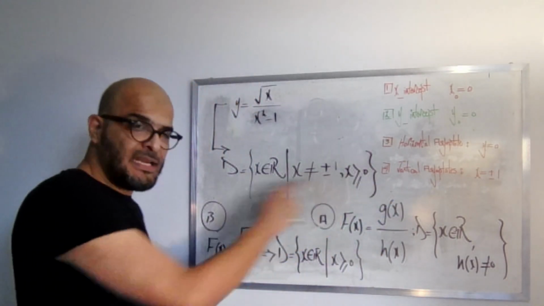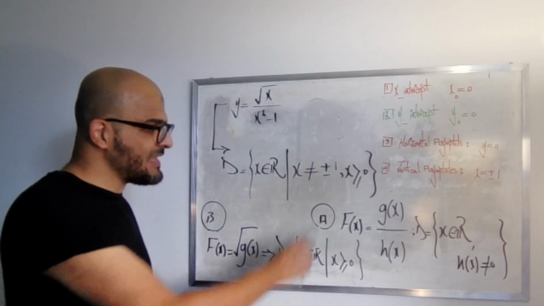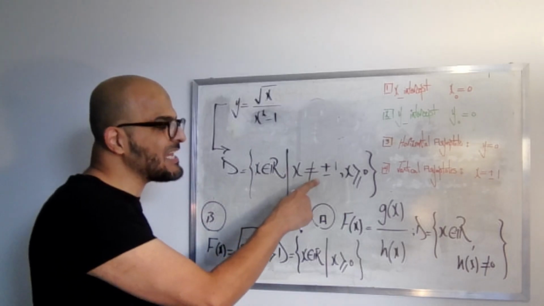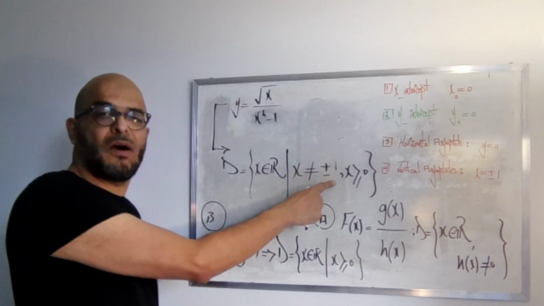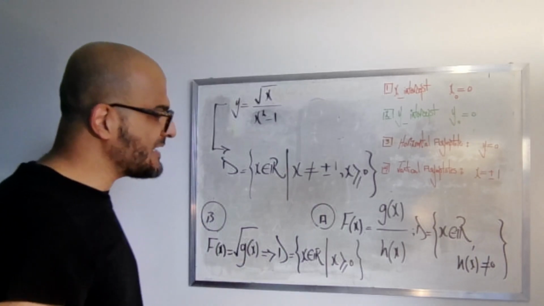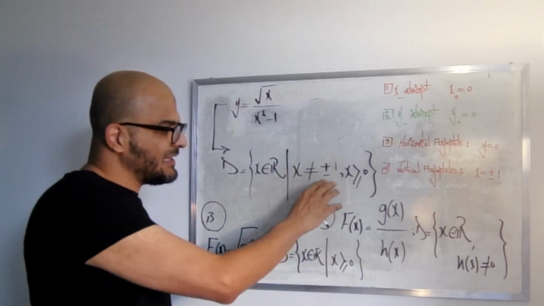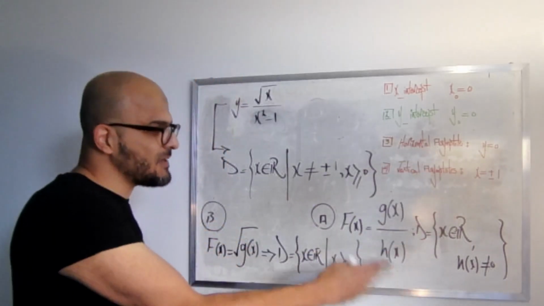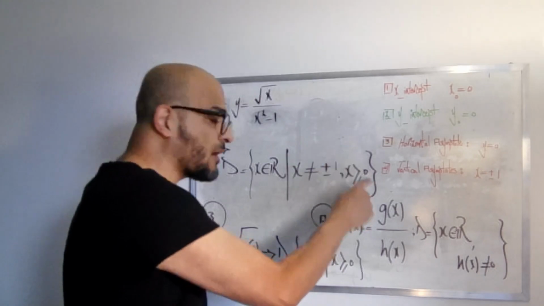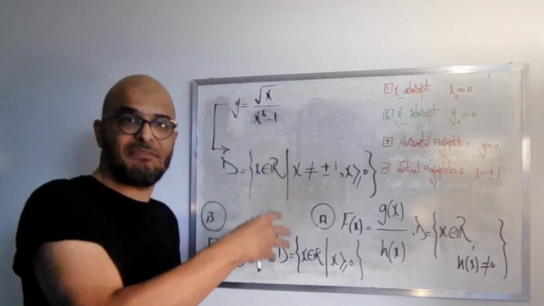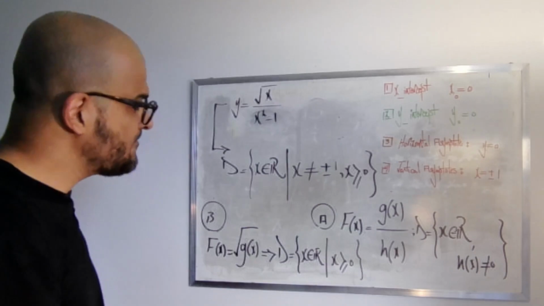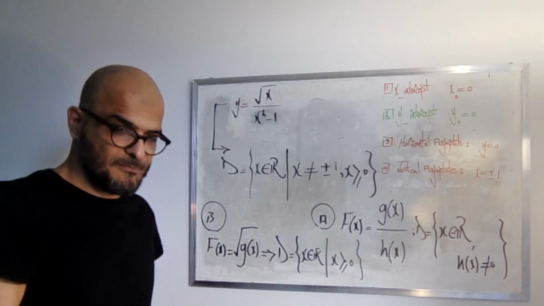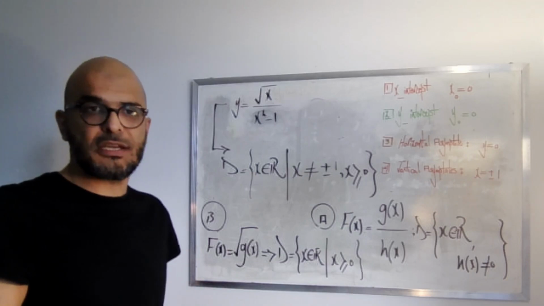You are combining these two things together: x has to be a positive number, and at the same time x cannot be plus or minus 1, which means negative 1 cannot be a vertical asymptote because negative 1 is not part of the domain. You're going to see that when we plot the function. This is how we define the domain of that function.